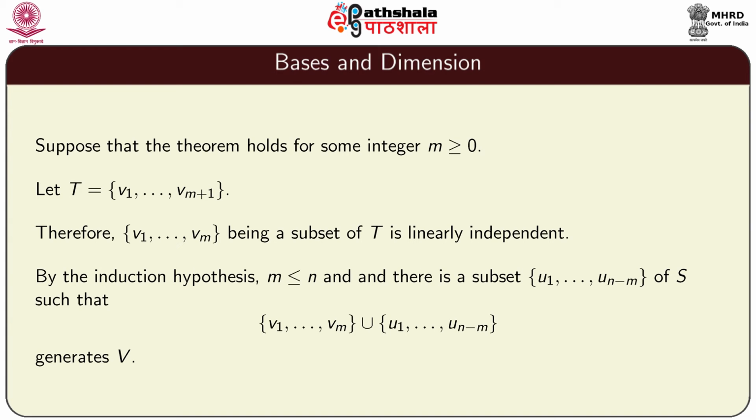That is, if T is a linearly independent set of m plus 1 vectors v1, v2 and so on up to v(m+1), then we want to prove that the statements are true with respect to this linearly independent set T and the spanning set S.